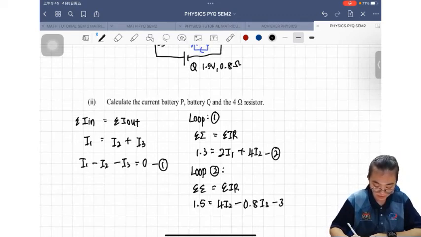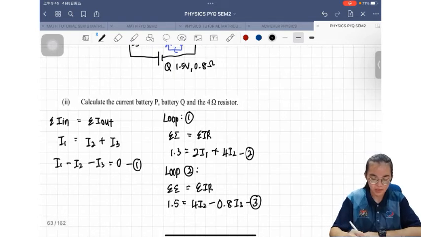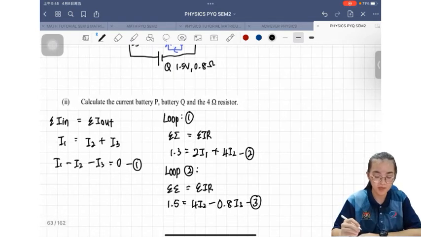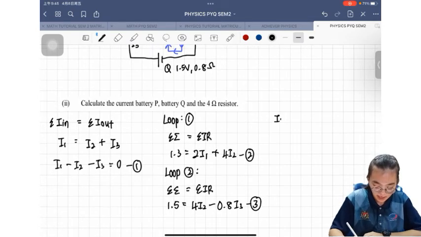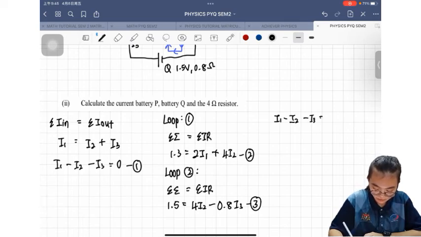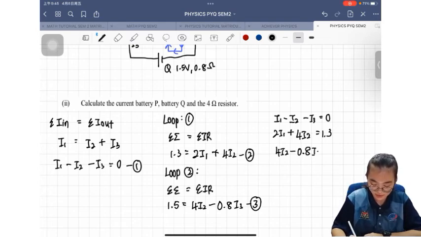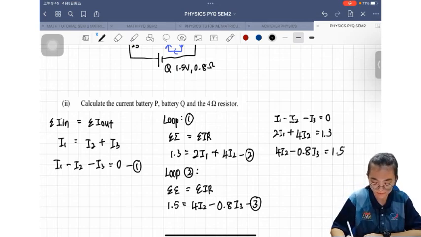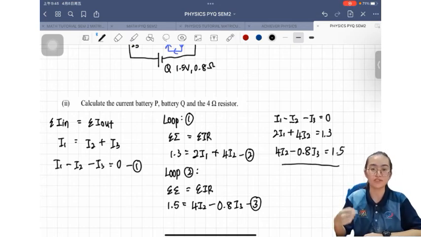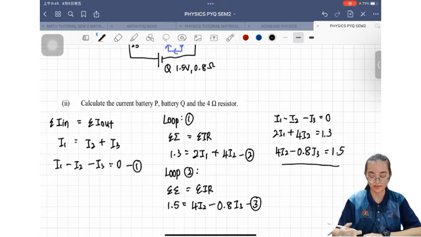This is our third equation. So now we have formed three equations: I1 minus I2 minus I3 equal to 0, 2 I1 plus 4 I2 equal to 1.3, and 4 I2 minus 0.8 I3 equal to 1.9.